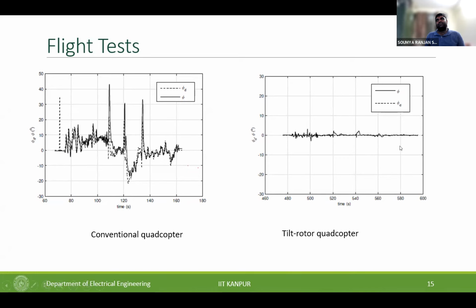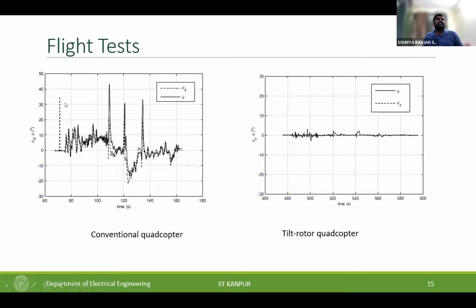But if you observe, in the case of a tilt rotor quad, the commanded attitude has always been 0, and the actual attitude that we got was somewhere close to plus minus 3 degrees. Ideally it should be 0 degrees, but because of some design asymmetries, this turns out to be plus minus 3 degrees.